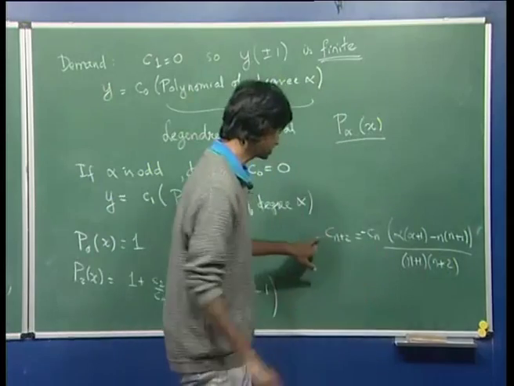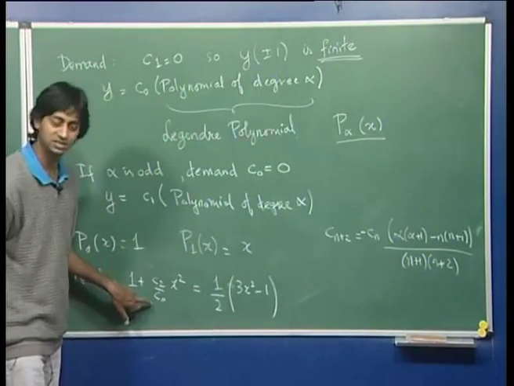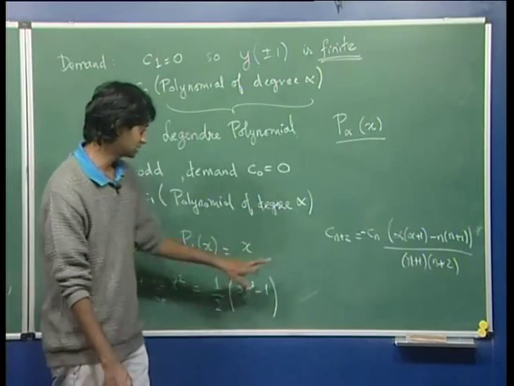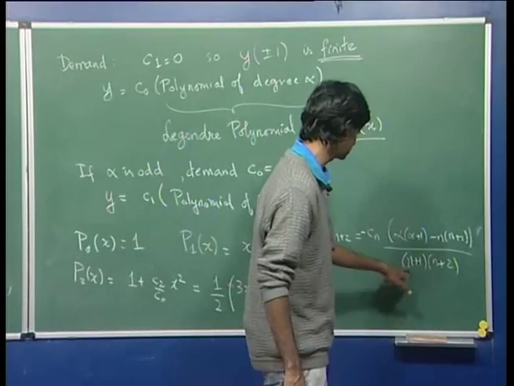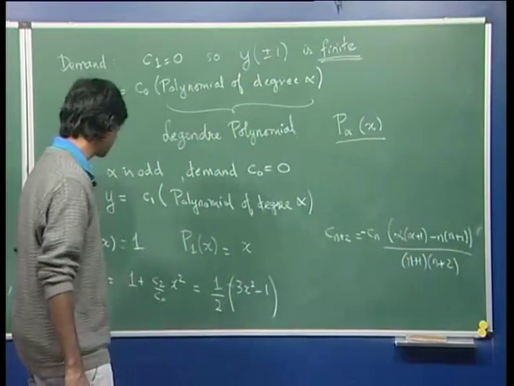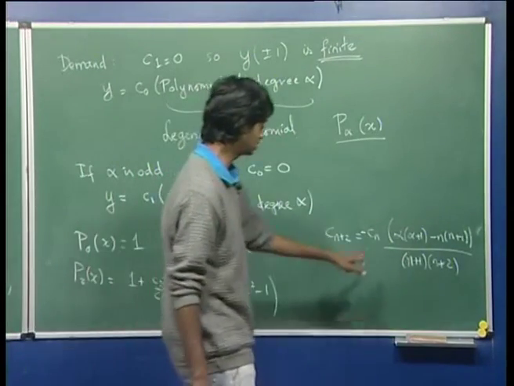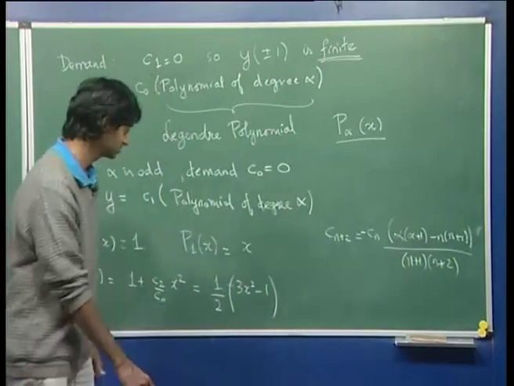So this was the recursion relation. You could calculate C2 by C0 using this relation. C2 by C0 means n equal to 0. For n equal to 0, you have alpha plus 1 divided by 2. And if you had alpha equal to 2, then you just have 2 into 3 by 2, that is 3. So that is where you get this from.